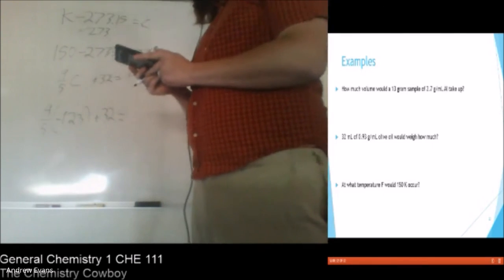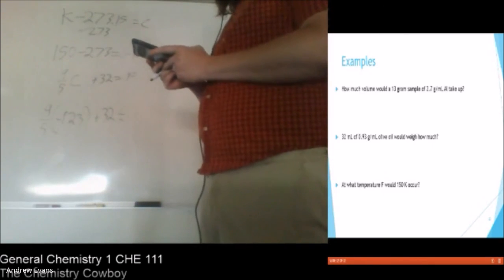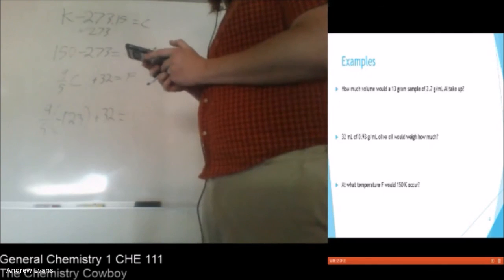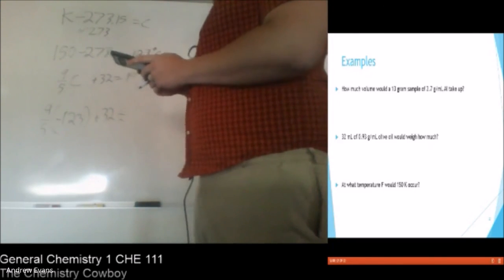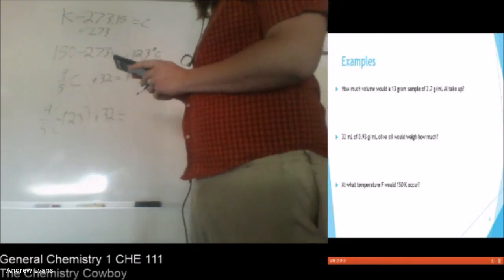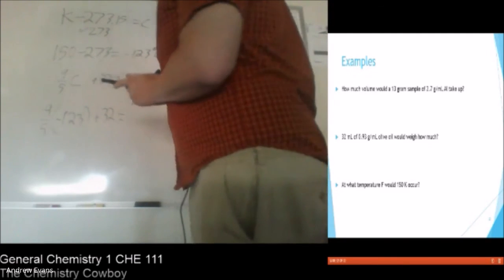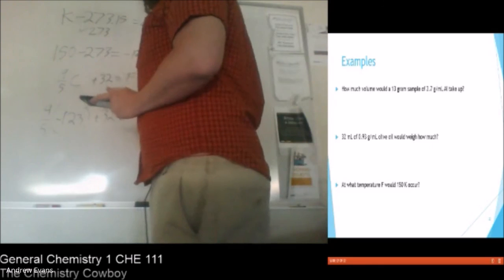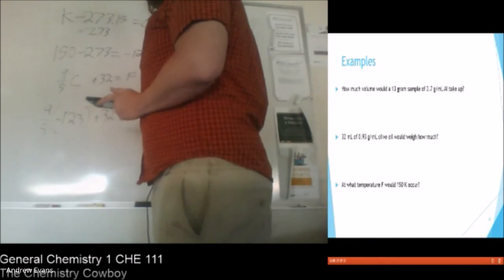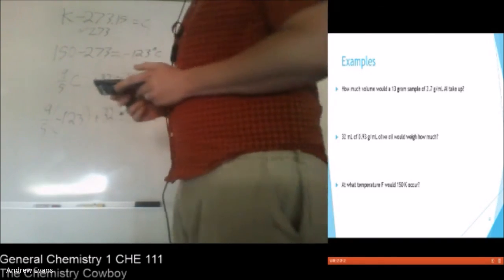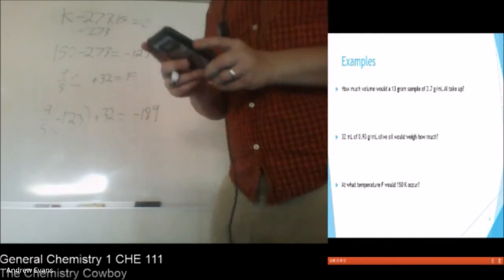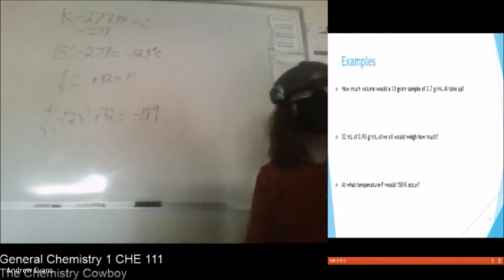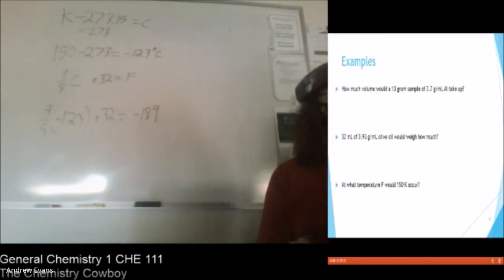So negative 123 times 9 divided by 5 is negative 221. We're going to add 32 onto that to have this be negative 189. So that's negative 189. That's where 150 Kelvin is in Fahrenheit.